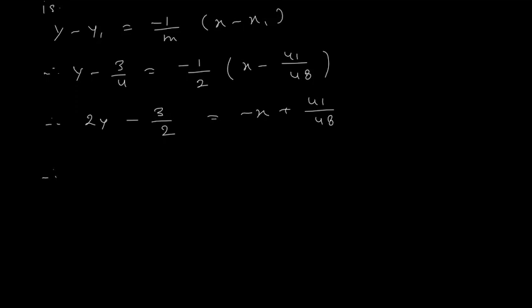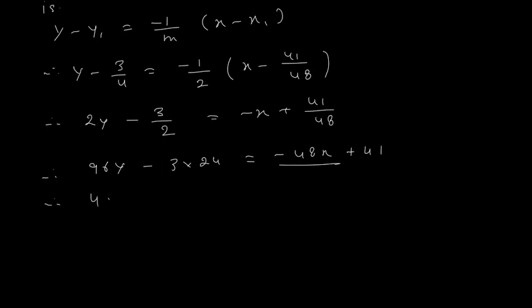So here it is 96y minus 3 upon 2 into 48, so it will cancel and we have 24, equal to minus 48x plus 41. So this minus 48x I will bring on this side.